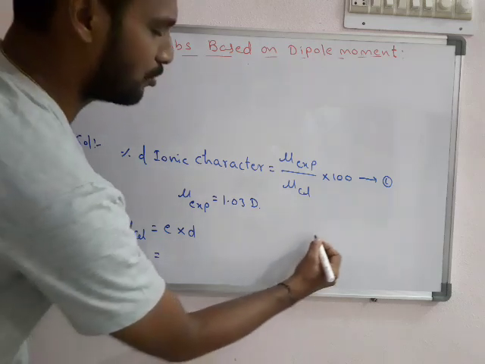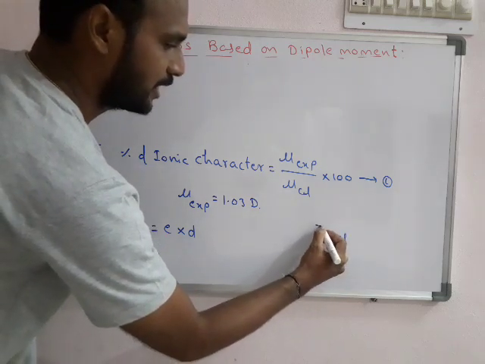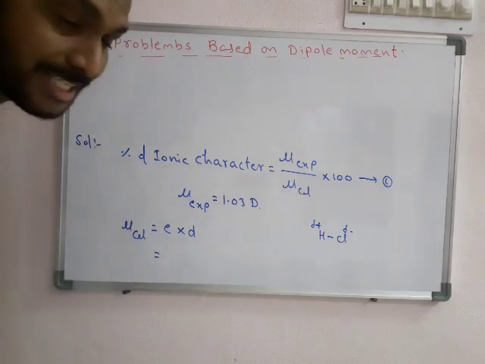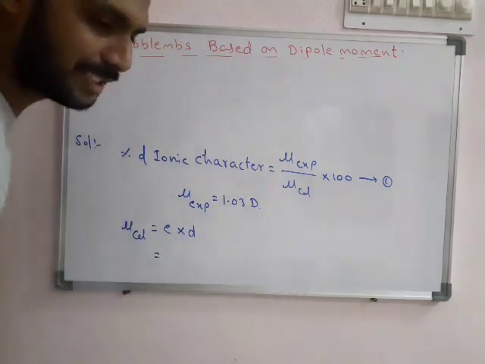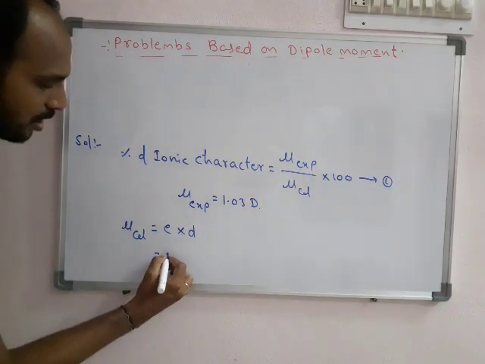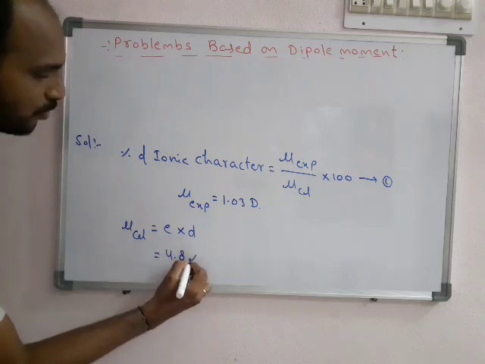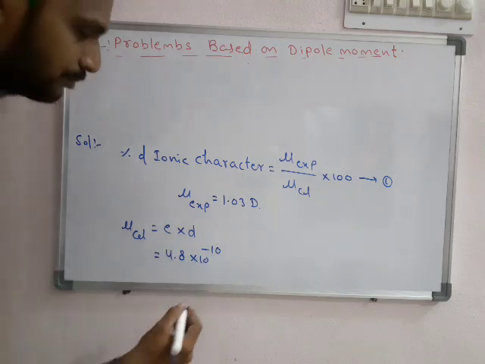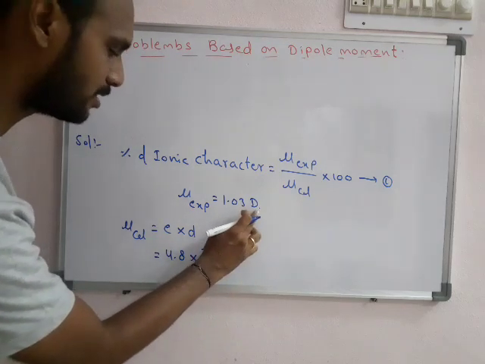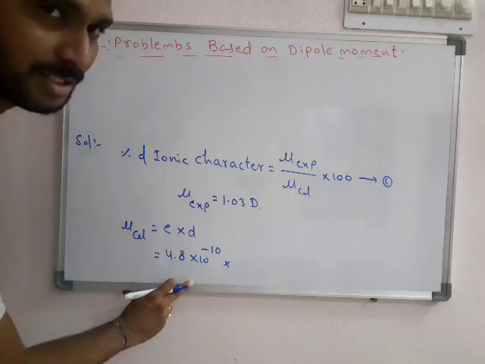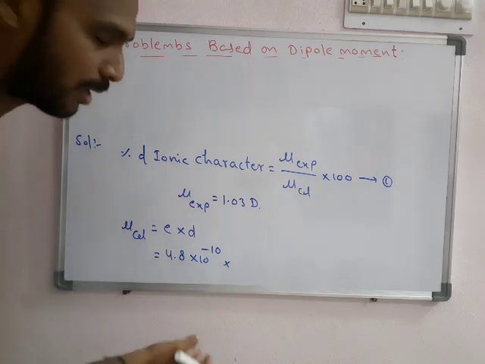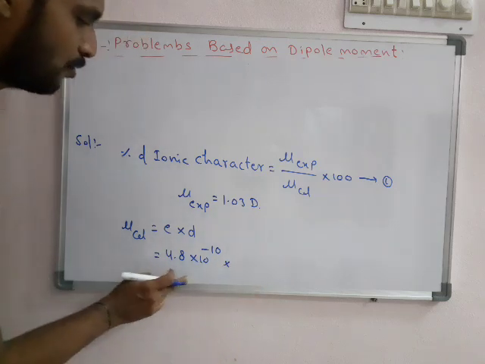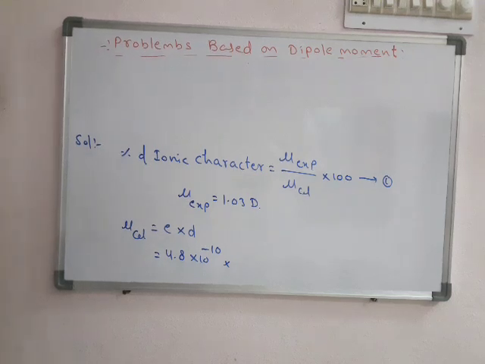Here the molecule is HCl, with H charge plus 1 and Cl minus 1, partial plus and partial minus, so it is nothing but the electron. So we take the electron charge, 4.8 into 10 to the power of minus 10 ESU. Since Debye is given, we take ESU centimeters and then convert it into Debye. So 4.8 into 10 to the power of minus 10 ESU.